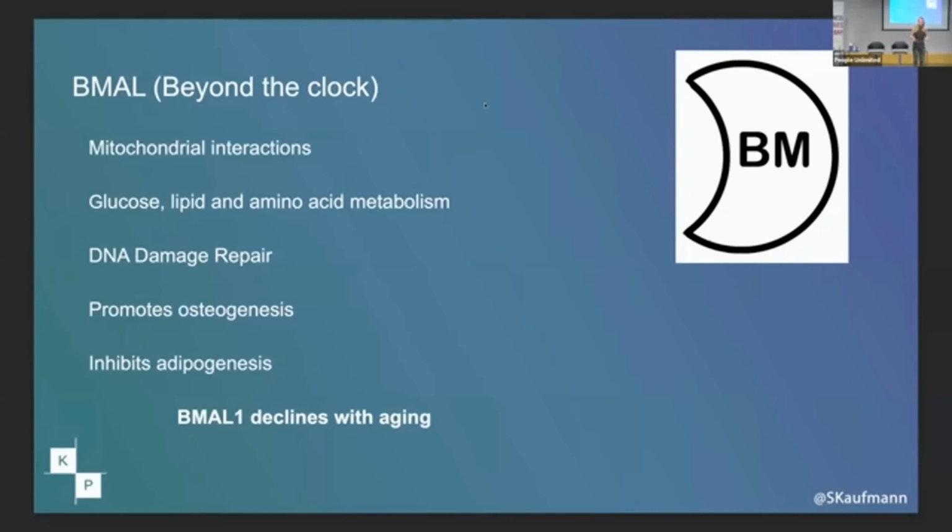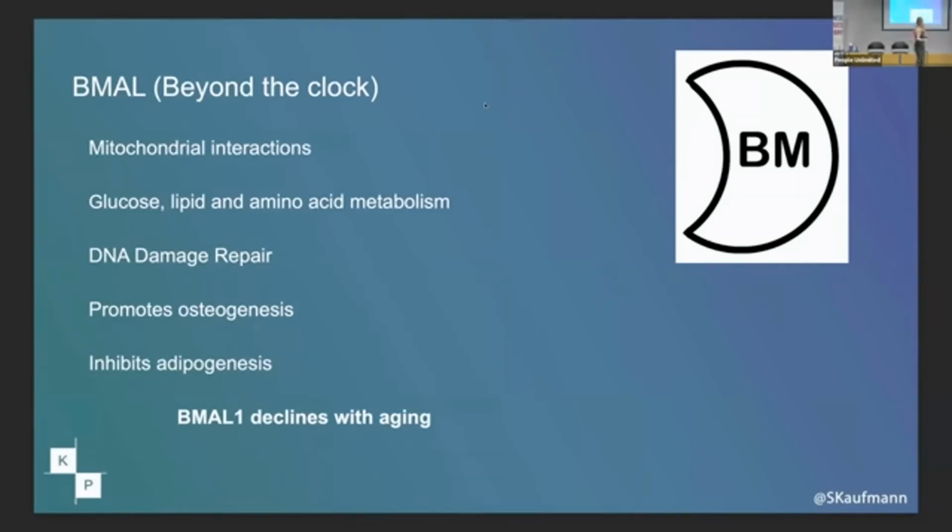Controls bone growth. This is why if you're not sleeping, you get fractures. And it blocks fat production. So again, if you don't have Bmal1 and you're not sleeping, you're going to get fat. Bad things, right? So the point being is that sleeping is one thing, but all of the other things are just so unbelievably important. And we know that Bmal1 declines with age.